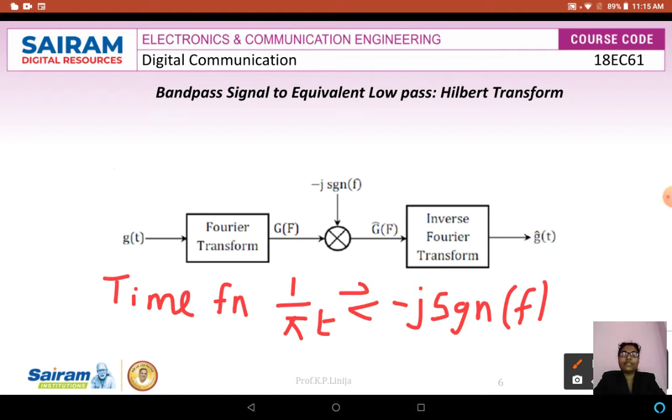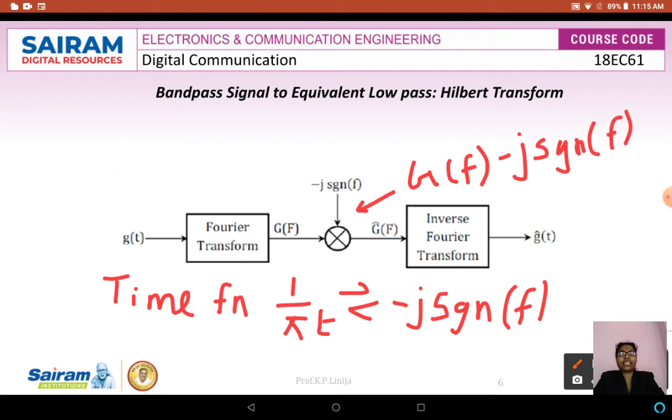So that is what we are doing here. The multiplier output will be what? Here you will get the output G(f) into minus j signum of f, which can be written as G cap of f. Now this G cap of f is given to the inverse Fourier transformer, so the output of the inverse Fourier transformer is the Hilbert transform.